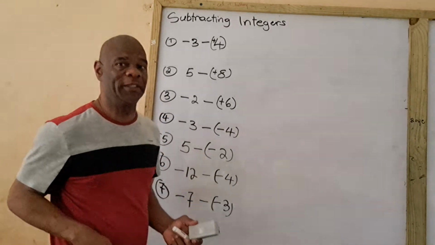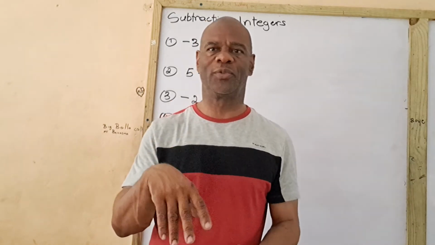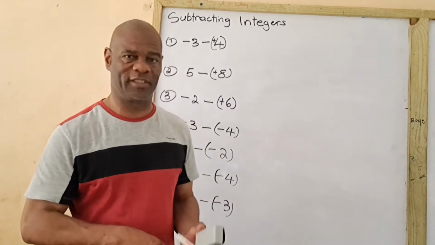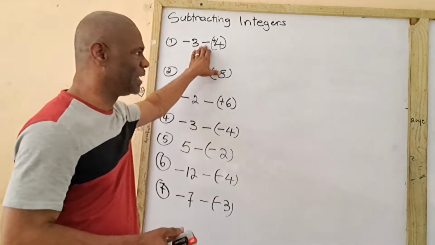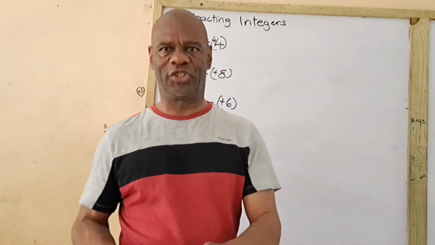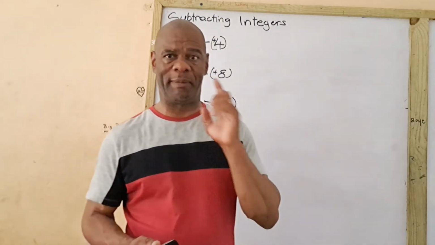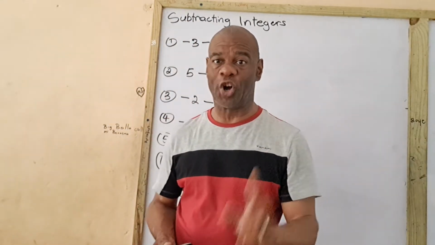Now, one other thing we must try to remember when we are subtracting integers is that we simply add the opposite. So remember, when we are subtracting integers, we add the opposite, all right?